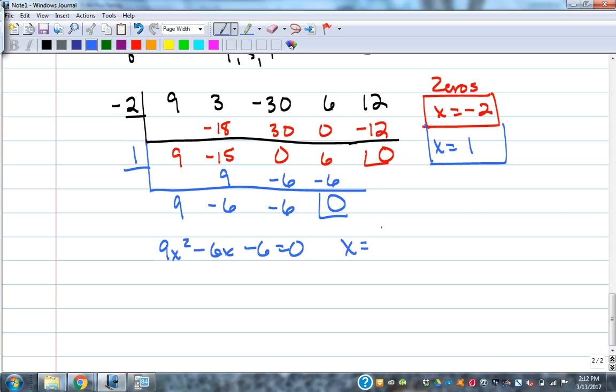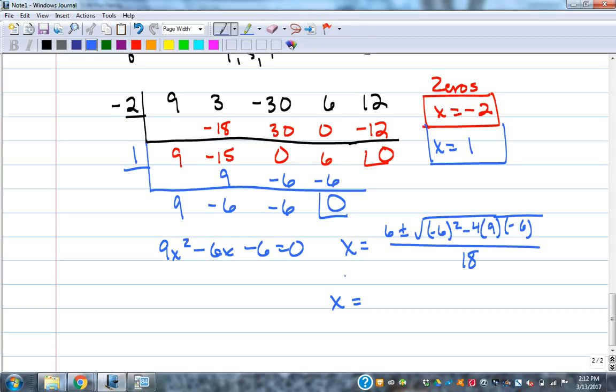X equals -b plus or minus radical b squared minus 4ac divided by 2a. 4 times 9 times -6 divided by 18. For this one, it won't factor. I know that because I've already worked it.